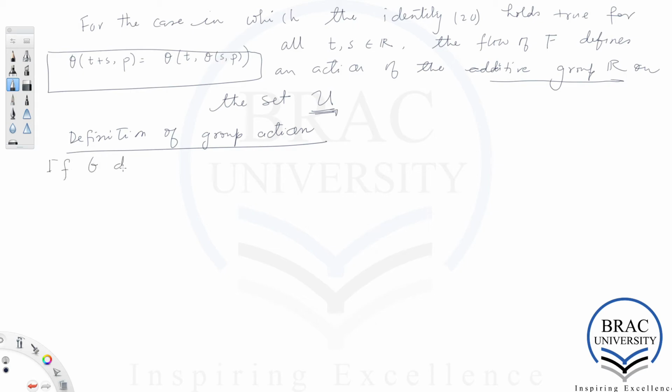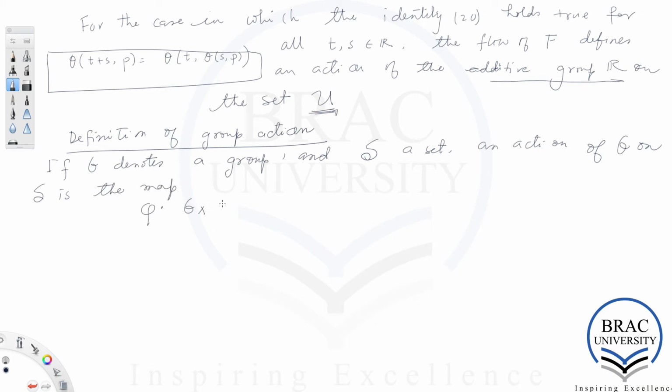If G denotes a group and S a set, an action of G on S is the map phi from G cross S to S, satisfying the following group action axioms.